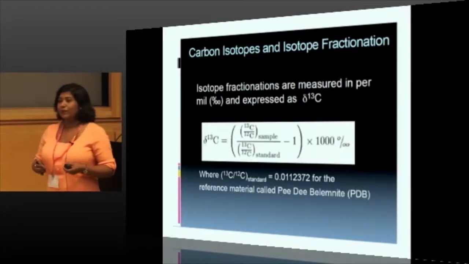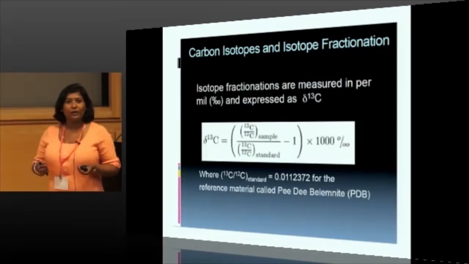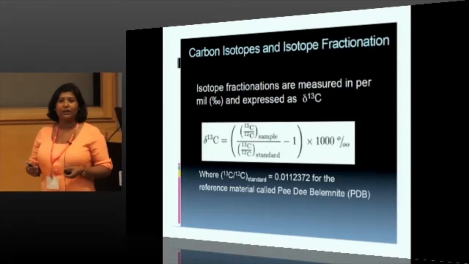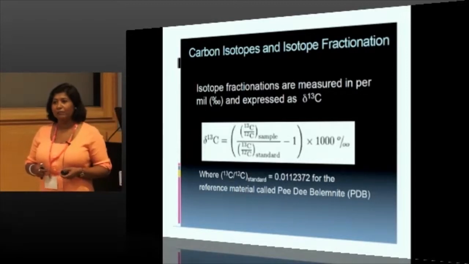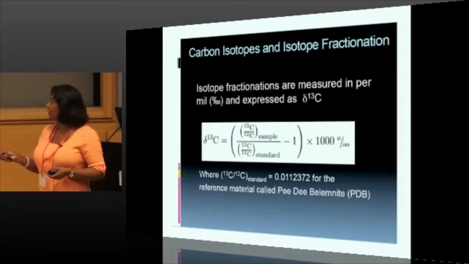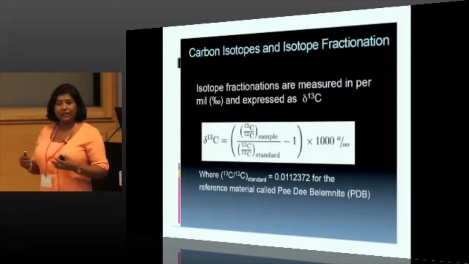Since isotope fractionations are very small quantities, they are measured in parts per thousand, called per mil, and represented as delta carbon-13. Delta carbon-13 of a sample is calculated using this formula, and in the case of carbon we use PDB (Pee Dee Belemnite) as a reference material.